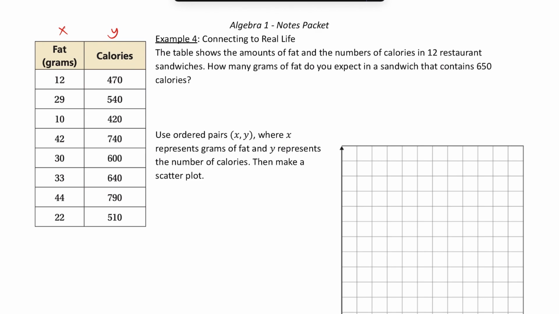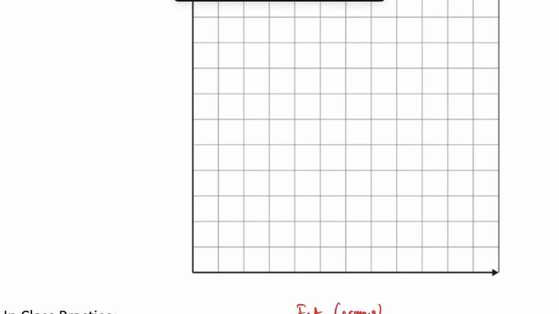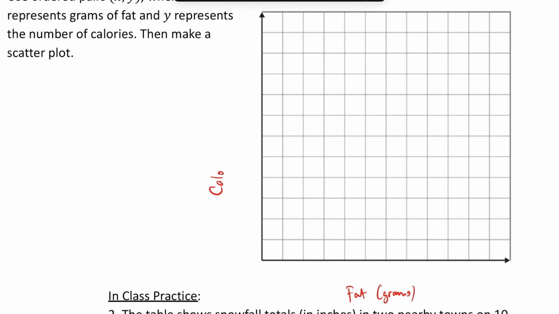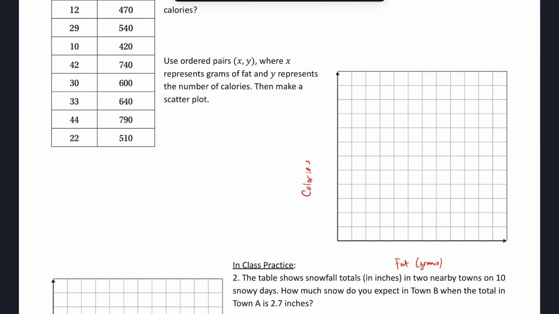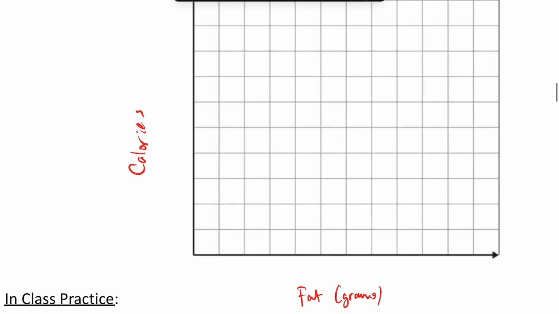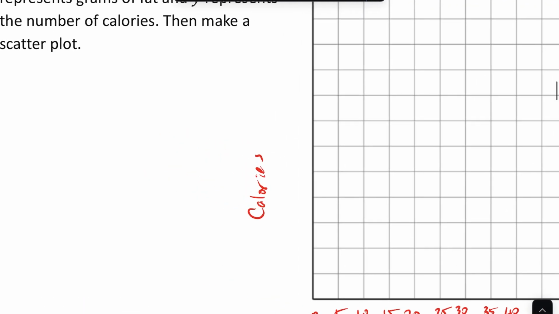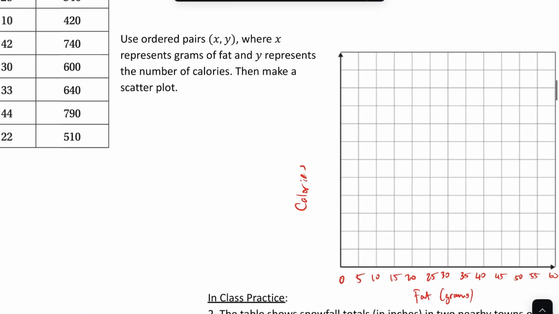So what I would do, let's first make a scatter plot first. I will label this as fat, grams, and then this one is calories. Taking a look at my numbers, maybe I'll go up by 5s for my X's. And then for my Y's, I don't want to go up by such a big number.